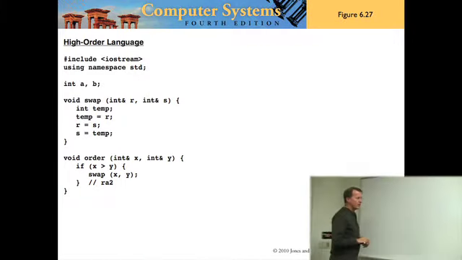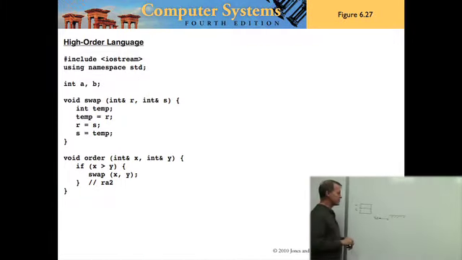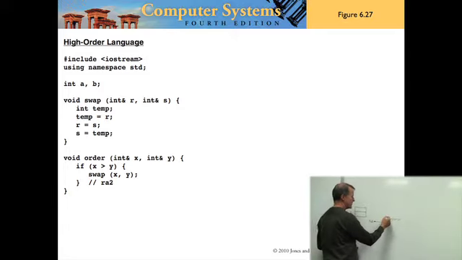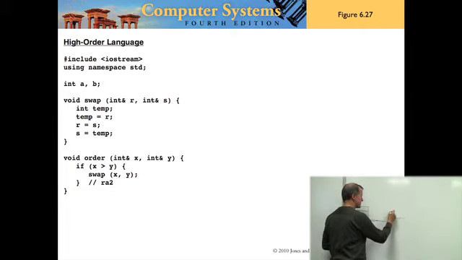Does order have any return value? Order is void, right? So there's no return value. So what's X? Is that what it will look like? Oh, yes, it will. It'll be X first, is that right? And then Y, and then what?